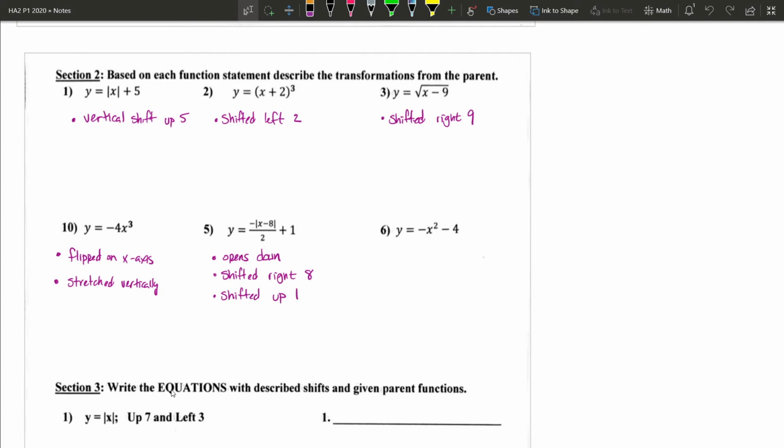All right, so we talked about the 8, the 1, and the negative. What's up with the divided by 2? Divided by 2 was not one of the options we had, right? It was a times the absolute value of x minus h plus k. So what's the a value here?